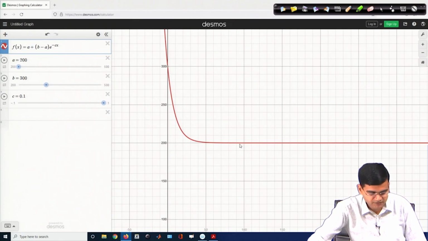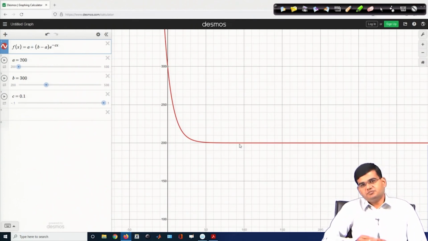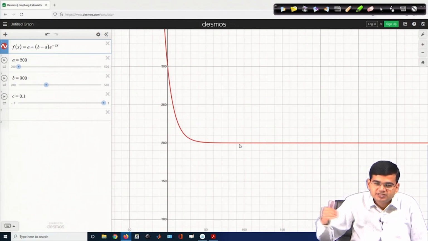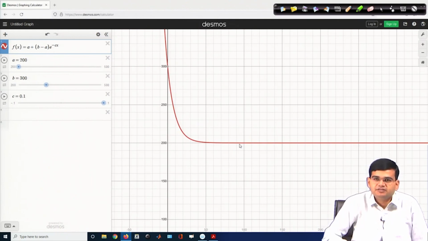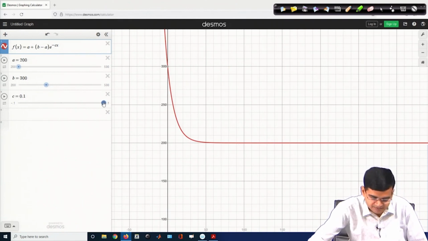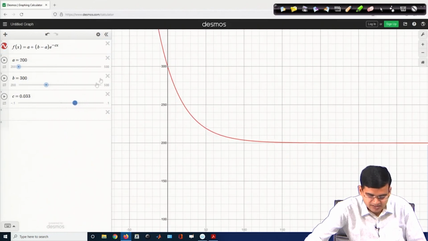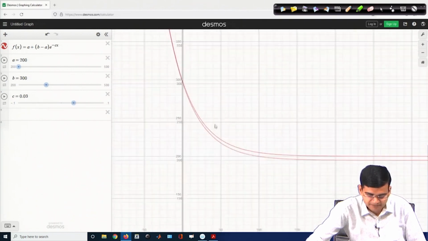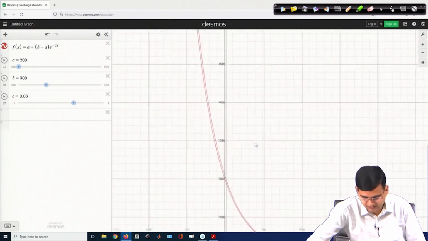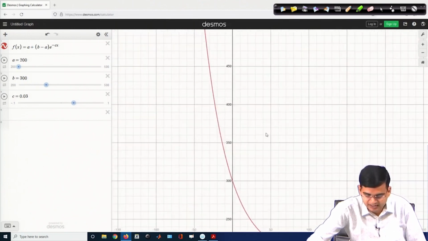What is the importance of the parameter C, or in our model equation the parameter A? It gives you the speed, or the rate, with which the temperature comes down. So, I can make this smaller. As I said, a small value of A means slow decay. This is how it looks, and you see here in the negative time region, again for the sake of mathematical completeness, the curve looks like this.